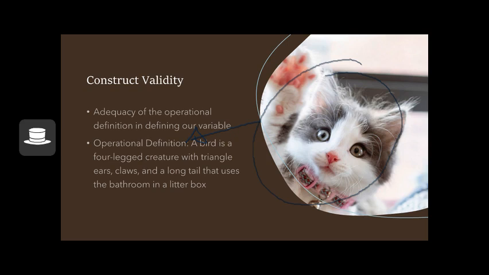Yes, it 100% is. But if I clearly define something as something, then I know that that is what it is. So if I say bird and you think flying thing, right? Well, that's my problem because I didn't clearly define what I was talking about. So you want to have a clear operational definition so that everybody can understand what you're actually measuring.